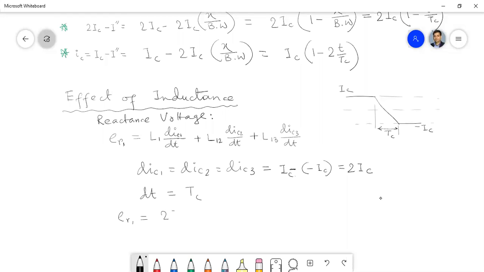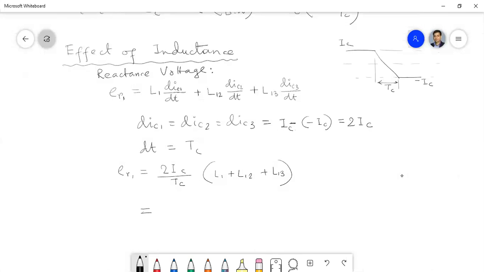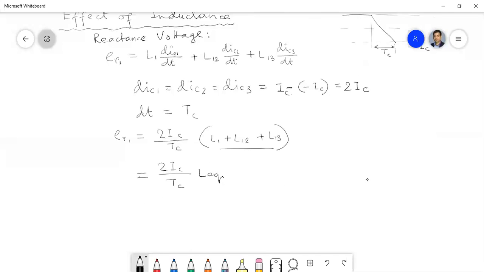Okay, so 2 IC divided by TC, and L1 plus L12 plus L13. If we take this total as a single inductance, it will be an equivalent inductance, L equivalent. So this is the expression for this reactance voltage.